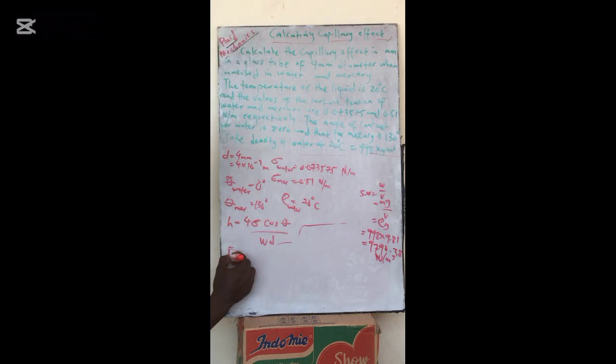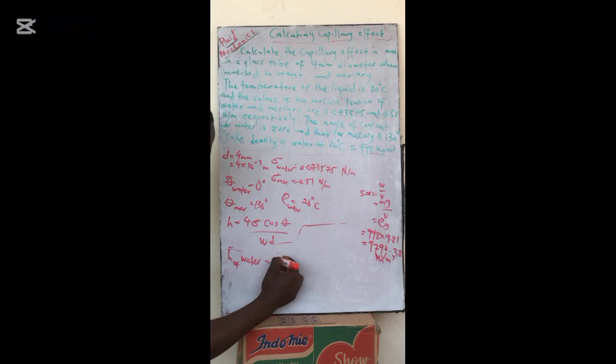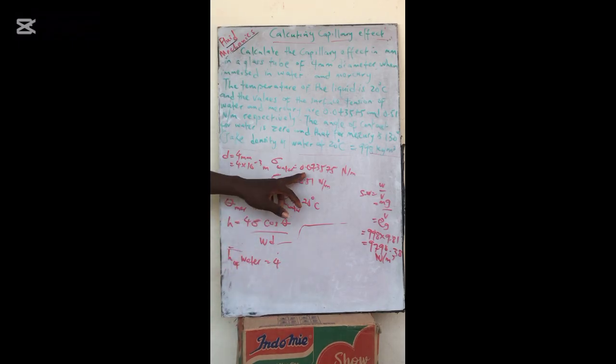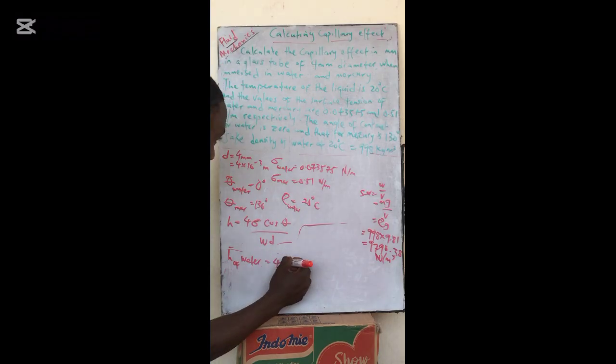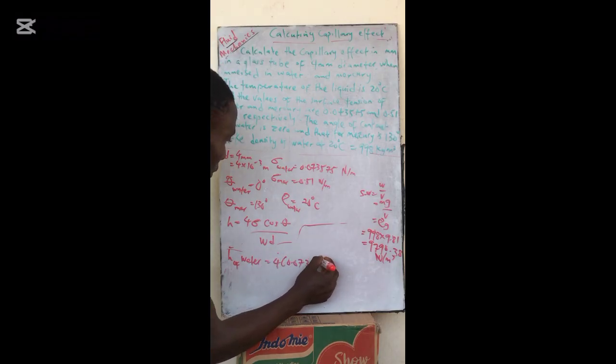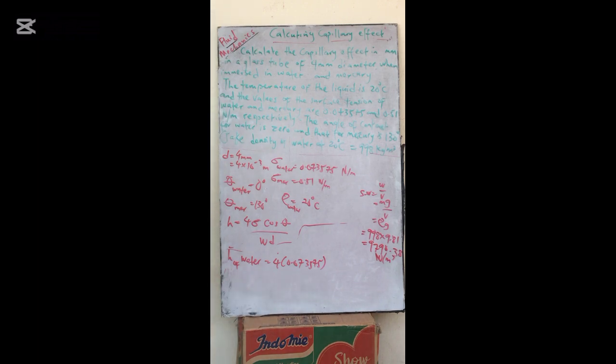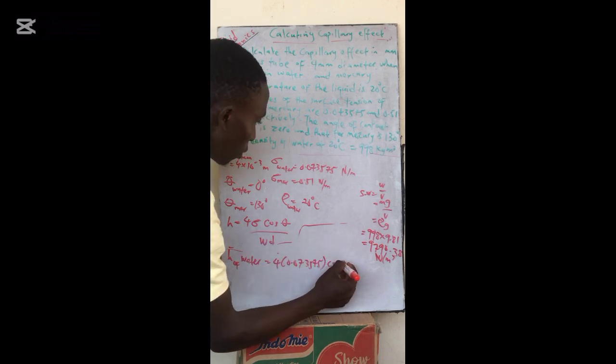We're calculating h of water. That is the capillary effect of water. Using this formula, we are going to be having 4. So what is the surface tension of water? This is it here. So we bring it, we have 0.073575. Then cos the angle.